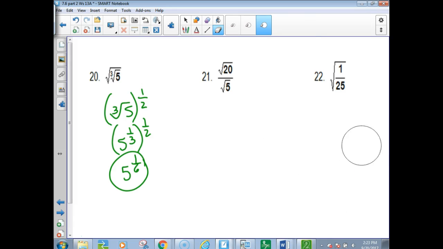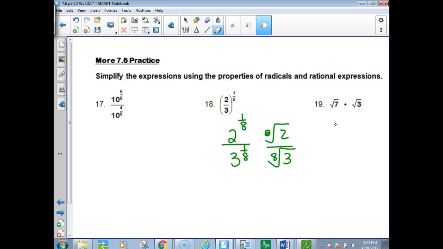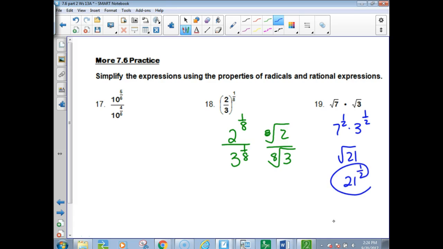Okay, anybody have something else right now? 19. Yeah. Well, you could write 7 to the 1/2 times 3 to the 1/2, or you could do the square root of 21 and then write 21 to the 1/2.